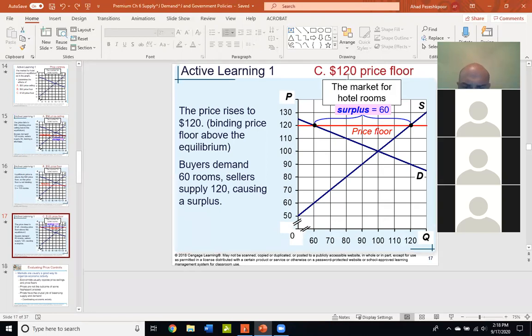Is it always binding when it affects the market outcome? It's the opposite. When it affects the market outcome, it's always binding. Something that's binding binds you to a certain new reality. For example, I tell you that from next session, everyone must have their microphones unmuted and their cameras on.